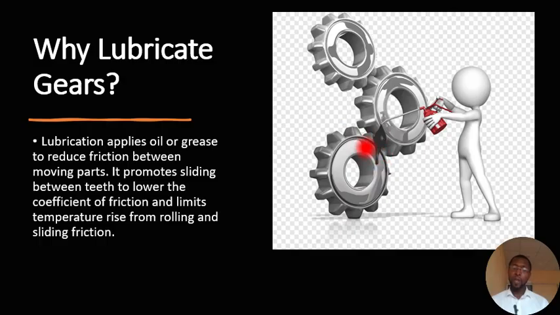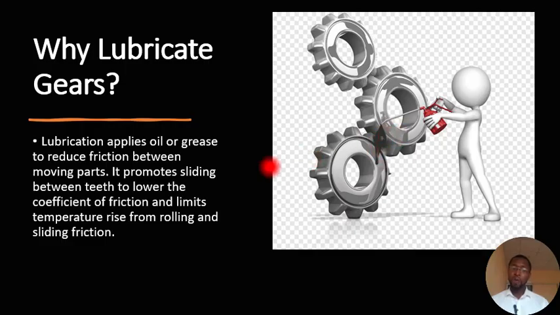And when it stops moving, then the purpose is defeated. So to avoid the sudden stop or breakdown of gear, they need to apply oil, which we refer to as lubrication. So you lubricate the teeth, as you can see here. You apply the oil at the teeth.